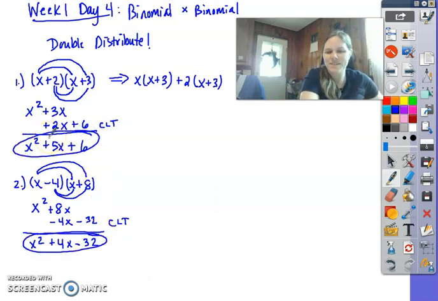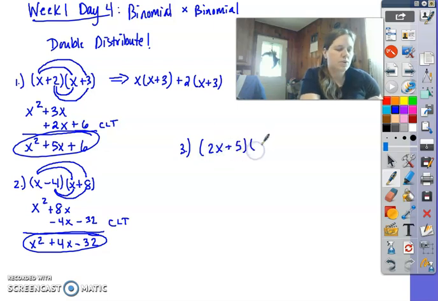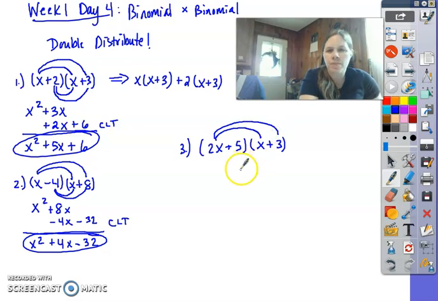All right. I think we can sneak another one right on the same page. What happens if I don't have x times x for my first term? So let's drop a 2x in front first. So 2x plus 5 times x plus 3. Still the same process. Just this time we have to remember our monomial rules from yesterday. So 2x times x. Remember there's a 1 there, so 2 times 1 is 2.